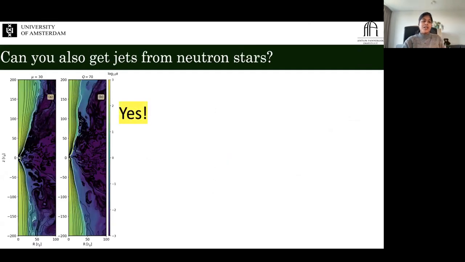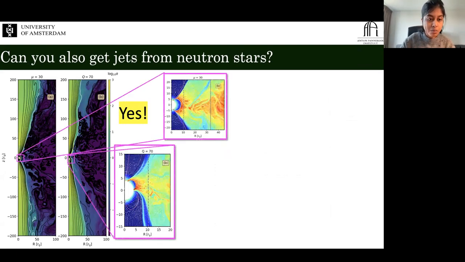So can you also get jets from neutron stars? Yes, we do see jets in our simulations. The color that you see here is the log of magnetization, and the panels are showing a dipolar case in this one and a quadrupolar case in this one. In both cases, we do see jets.